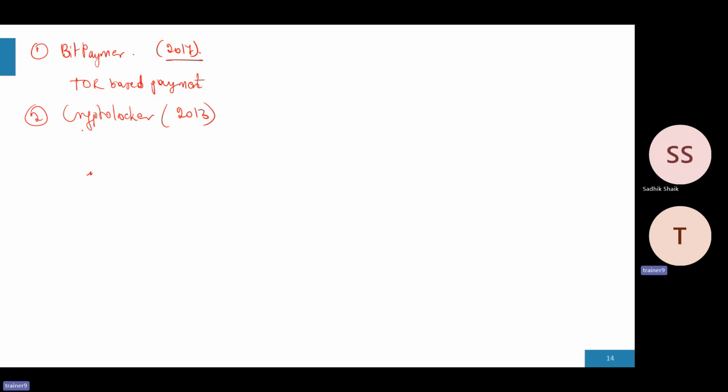So there was a business class which was Gameover Zeus, but this Gameover Zeus botnet had millions of infections, and they developed their own ransomware and deployed it as a subset of their botnet-infected systems.